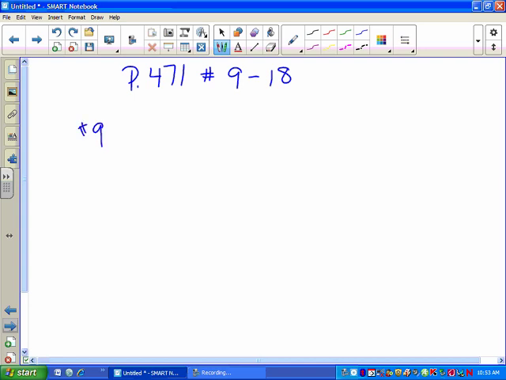This is number 9, but I'm going to use number 9 to actually show you about tactic number 1. Let's write tactic number 1. And the tactic we have here is switch to sine and cosine.